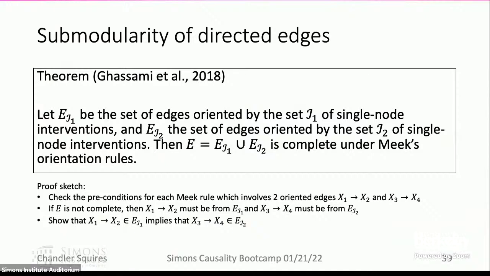So it has to be that we have one of the edges that activates this meek rule coming from the one set and the other edge coming from the different set. But the proof technique is to show that whenever this happens, the existence of one of the edges in the first set would imply the other edge is also in the first set. So actually it would turn out that we didn't need the second set at all.